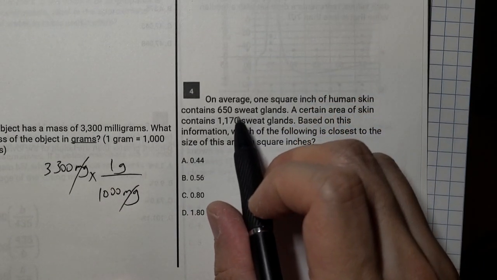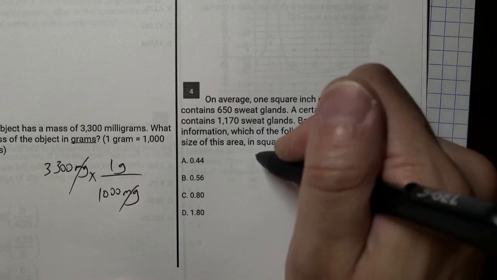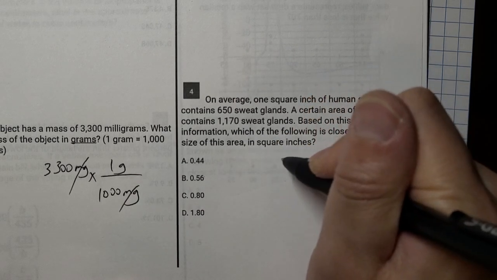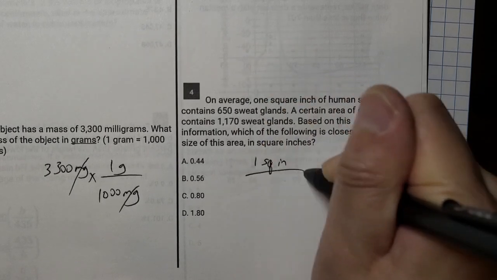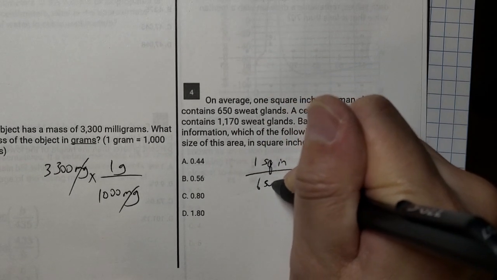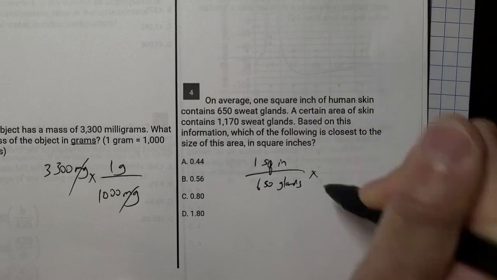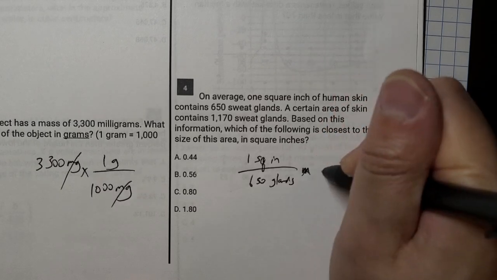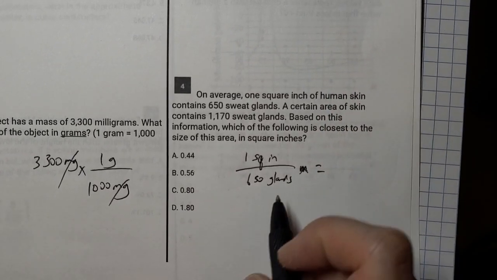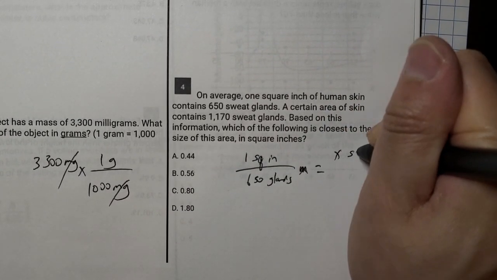So there are, for 1 square inch, there is 650 glands, let's say. So actually, yeah, let's set it as a proportion. Equals some number x square inch.